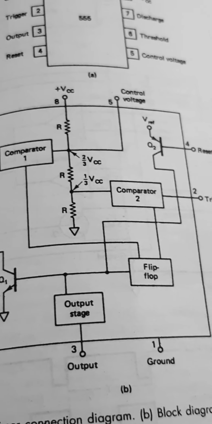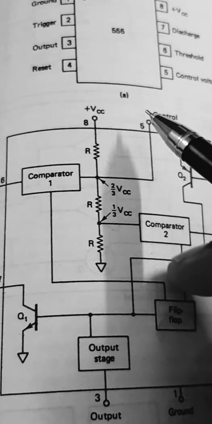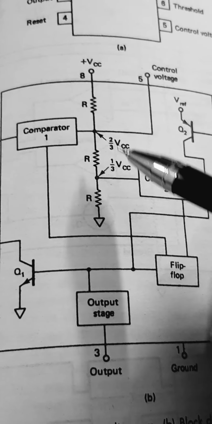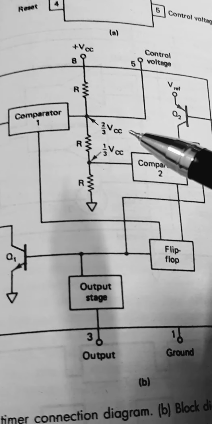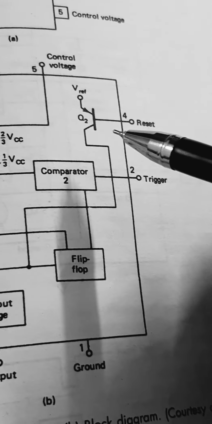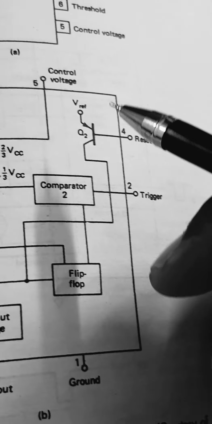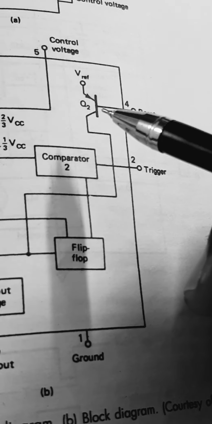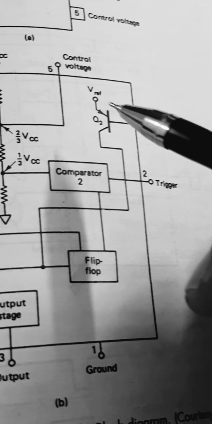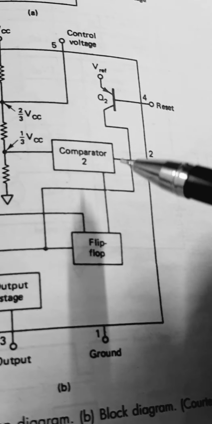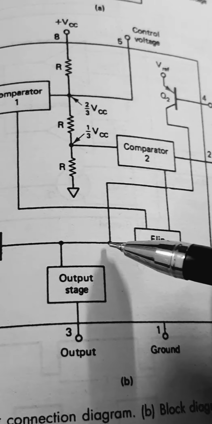Now here the control voltage pin is also connected to this 2 by 3 VCC point, and pin 8 is VCC. Then as you can see, the reset pin is connected to a PNP transistor with a V reference, and it is connected to the output of the flip-flop.